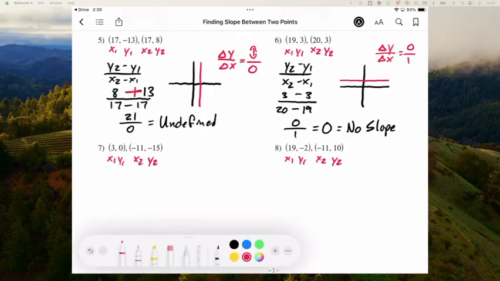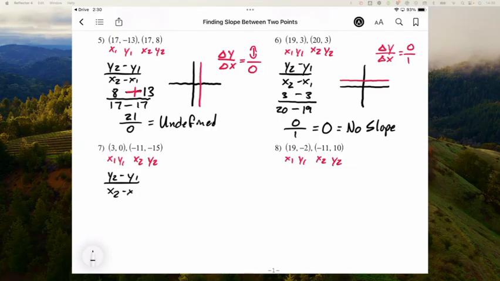All right, number 7, y2 minus y1 over x2 minus x1. Put our template first. y2 is negative 15, y1 is 0, x2 is negative 11, x1 is 3. So we have negative 15 over negative 14.